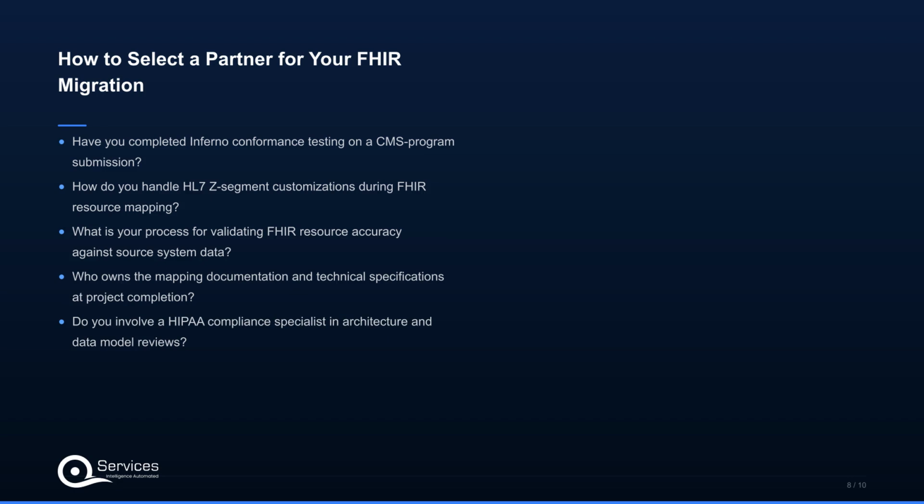A qualified partner should demonstrate hands-on FHIR delivery experience, including passing Inferno conformance testing on a real CMS program submission, not just familiarity with the FHIR specification. They need enough HL7 v2 knowledge to handle Z-segment mapping edge cases without escalating every non-standard segment to your team. And they should have documented HIPAA compliance delivery on similar scale projects.